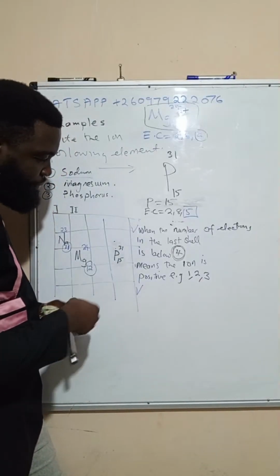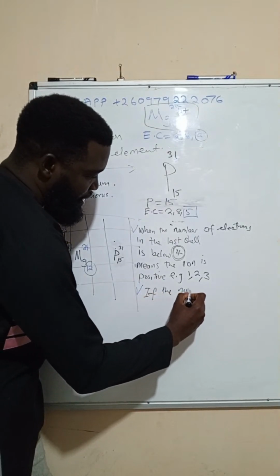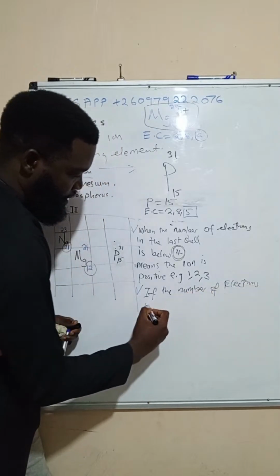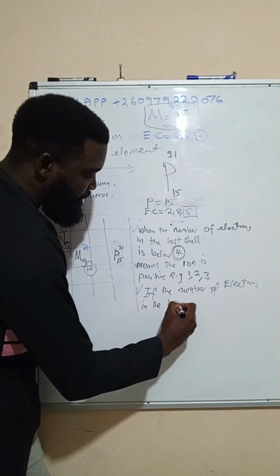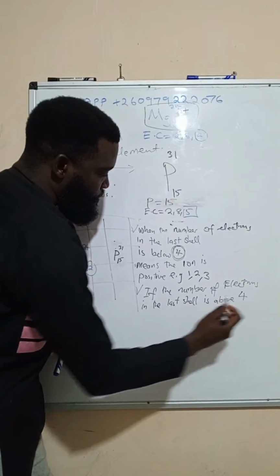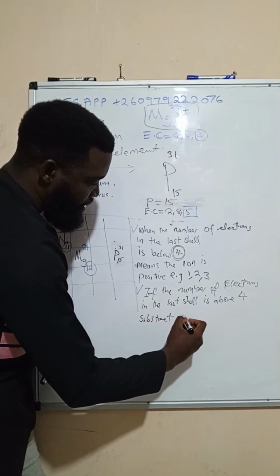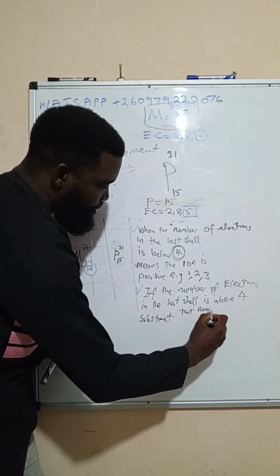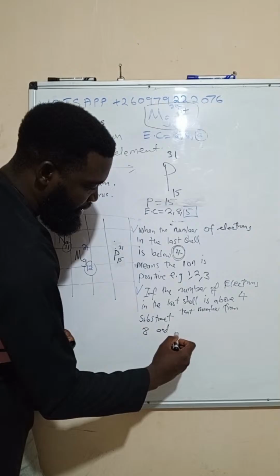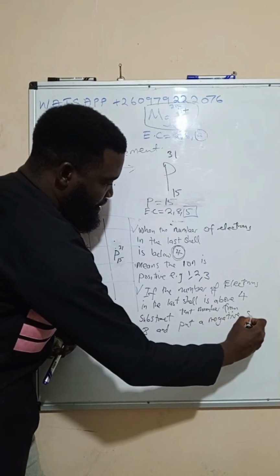What does the second rule say? The second rule says, if the number of electrons in the last shell is above 4, subtract that number from 8 and put a negative sign.